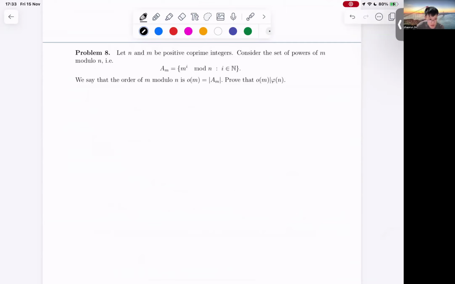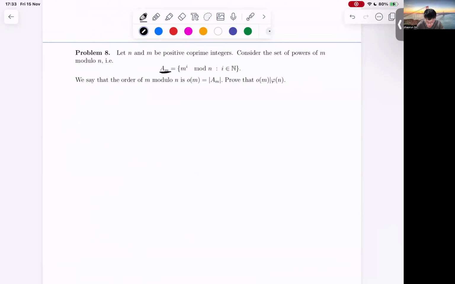And for problem 8, we have n and m as positive coprime integers. And we need to consider the set of powers of m modulo n, and we denote it as A_m.